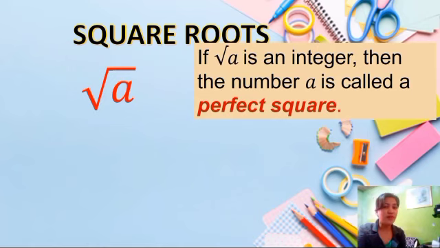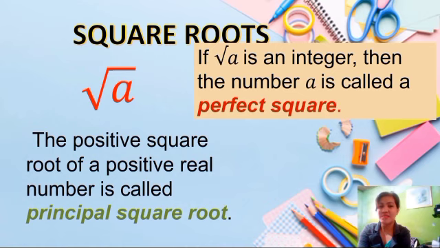If the square root of a is an integer, then the number a is called a perfect square. The positive square root of a positive real number is called the principal square root.